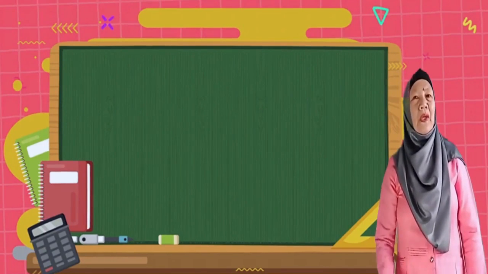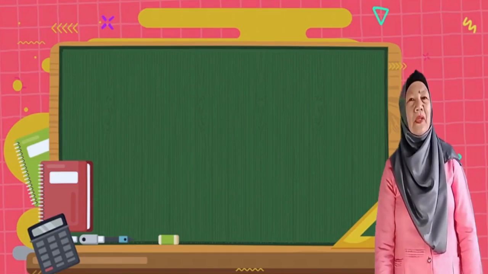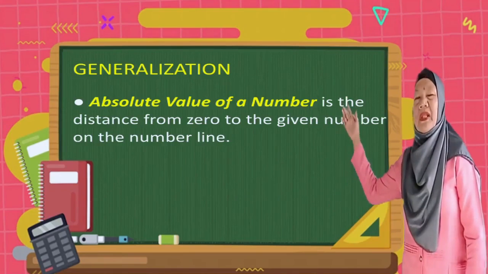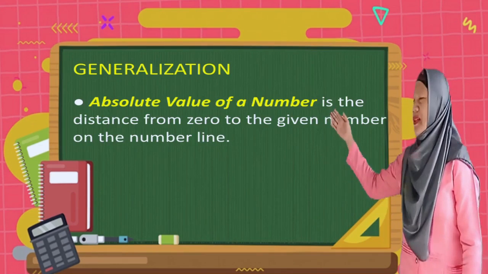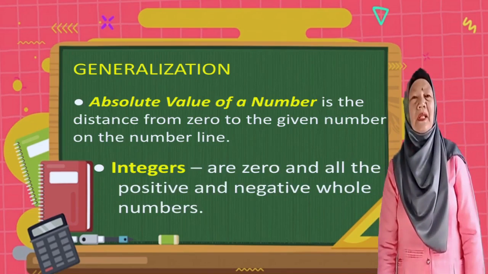So, you have learned in this video that the absolute value of a number is the distance from 0 to the given number on the number line. Integers are 0 and all the positive and negative whole numbers.